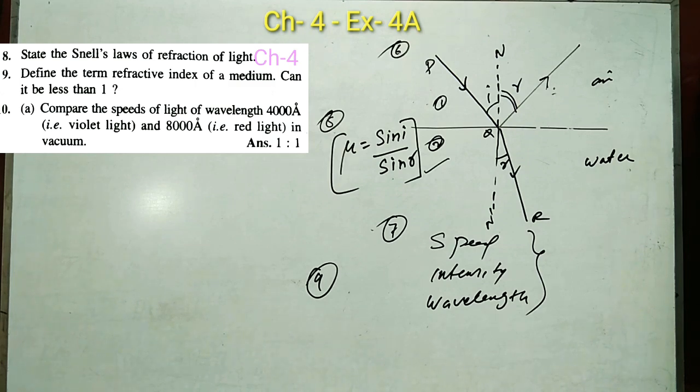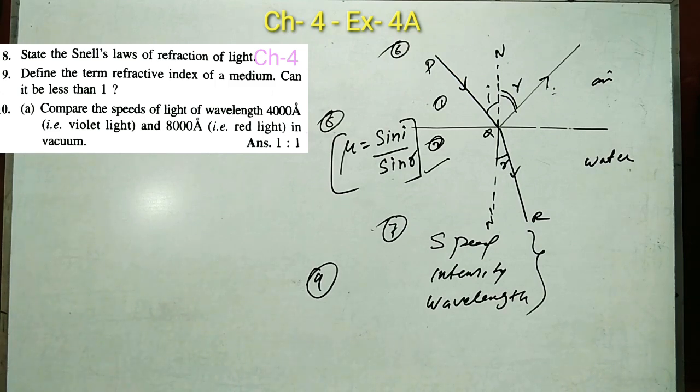So the refractive index of any transparent medium is greater than 1. The reason is that the speed of light in vacuum is maximum, and when it enters any other transparent medium, its speed decreases. Is the reason clear to you?